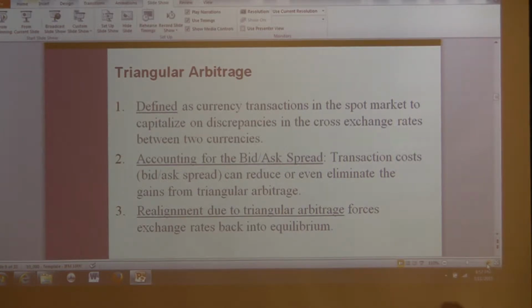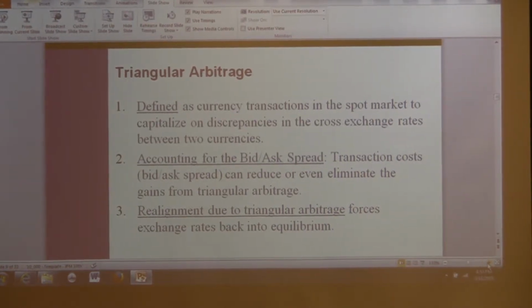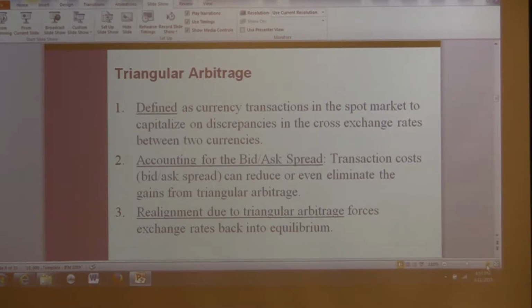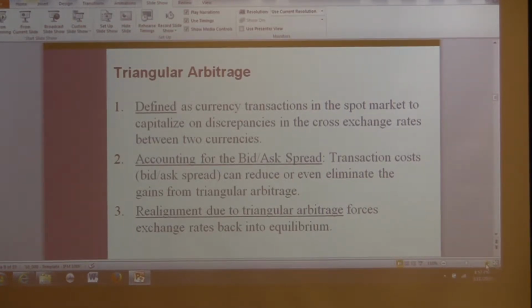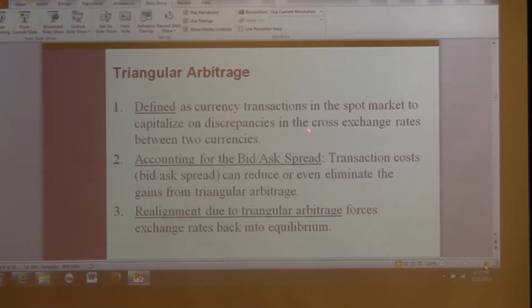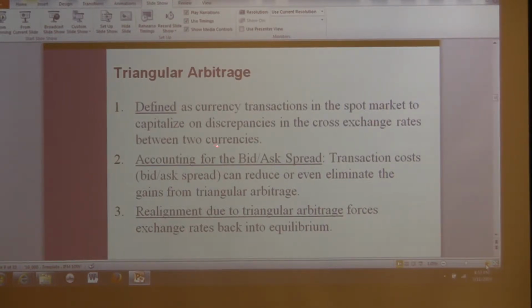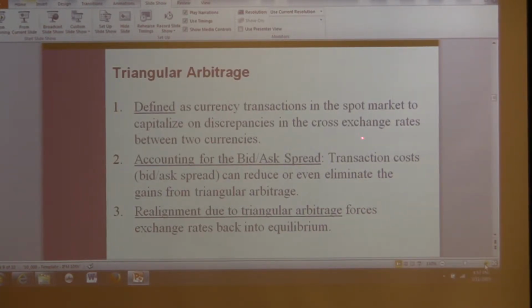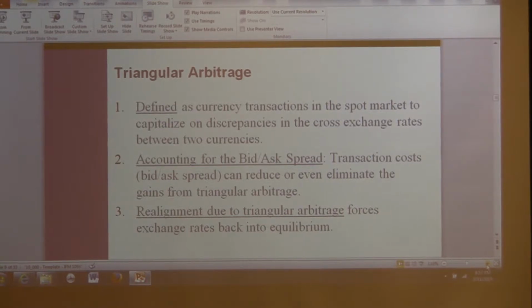Okay. So here, this is triangular arbitrage. In the case of triangular arbitrage, it talks about currency transactions in the stock market to capitalize on discrepancies in the cross exchange rates between currencies.